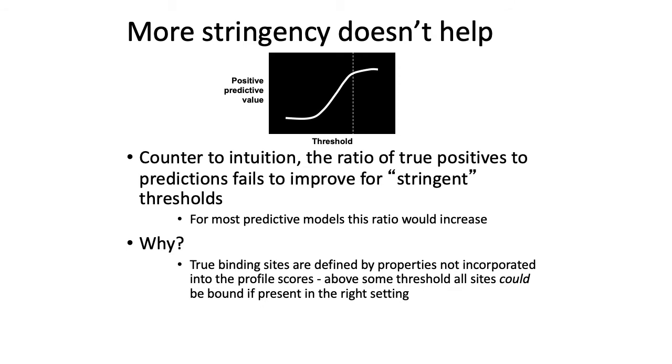Otherwise, if it's below 90%, then I won't consider it a real binding site. So some people thought that, well, if you just raised the bar and said, okay, I need to see at least 95% or 99% of the maximum score in order to believe that that's going to be a real binding site. It turns out that changing that threshold doesn't really increase your accuracy of predicting in vivo binding by PWM. And so this is in general a really hard problem to address.